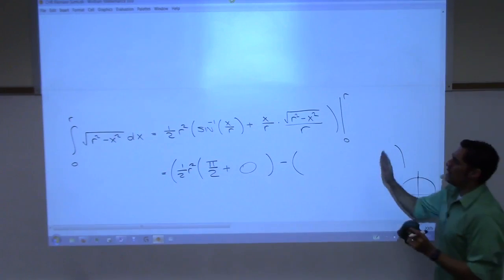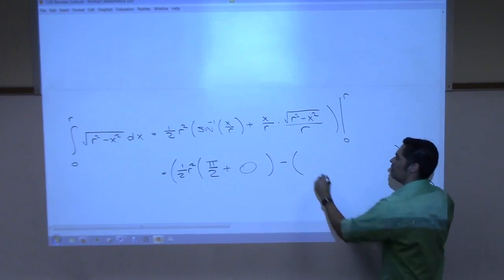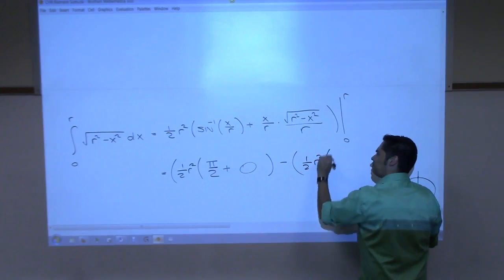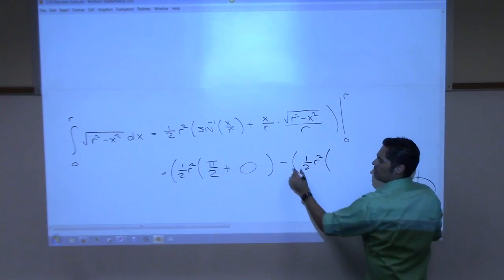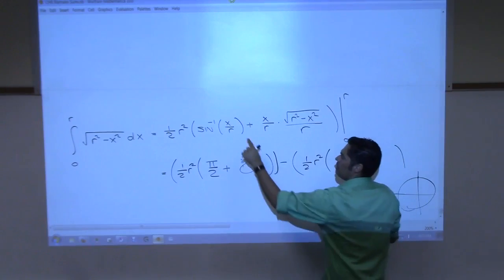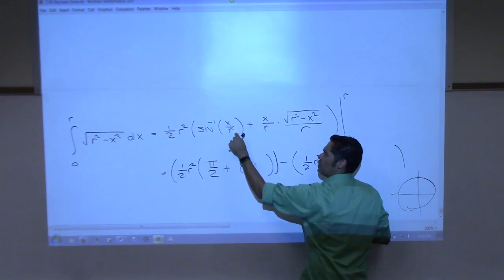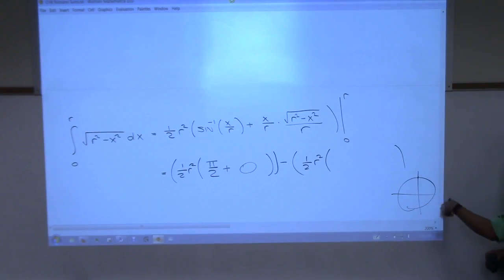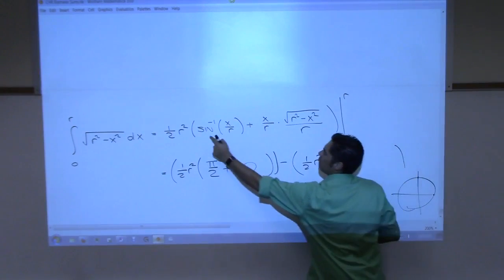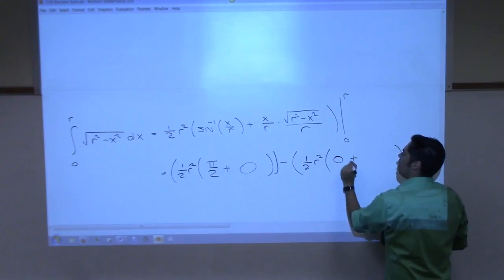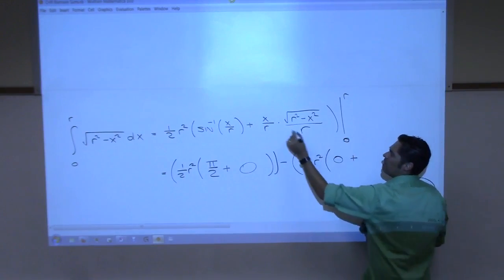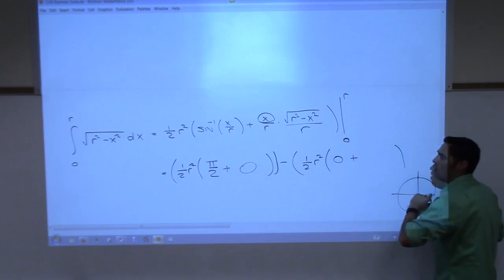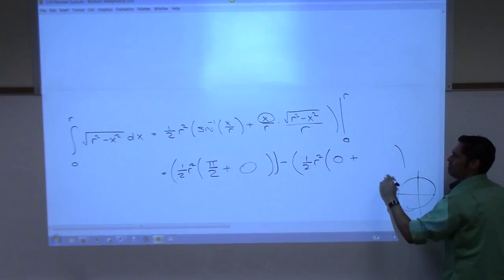Now, plug in 0 into this. So I have 1/2 r squared times arc sine, missing a parenthesis there, of 0 over r, which is 0, right? What's arc sine of 0? So where on the unit circle is your y coordinate 0? Right there, angle of 0. So this is going to be 0, plus, now 0 for x right here, 0 divided by r, 0 and the rest doesn't matter, so that's 0.